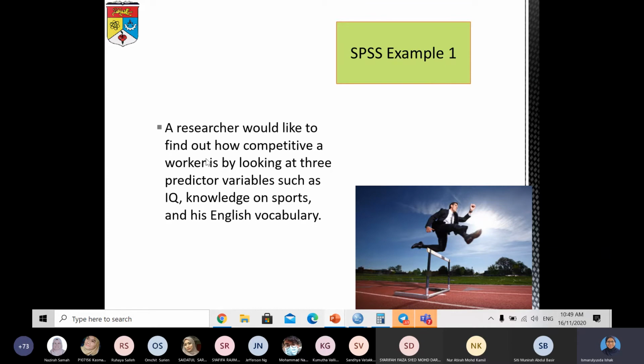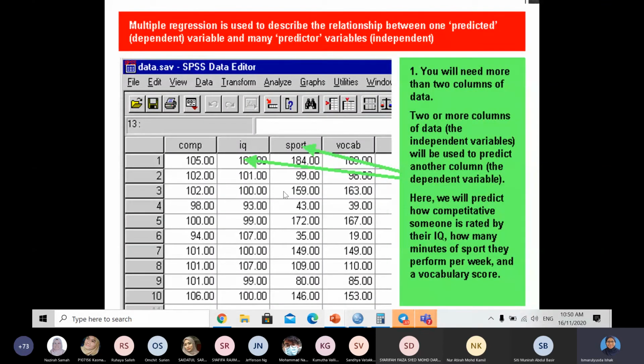Alright, a researcher would like to find out how competitive a worker is by looking at 3 predictor variables such as IQ, knowledge of sports, and his English vocabulary. Can you see?